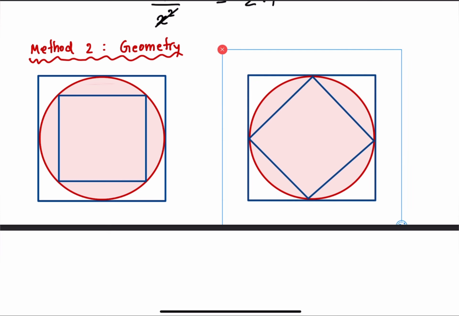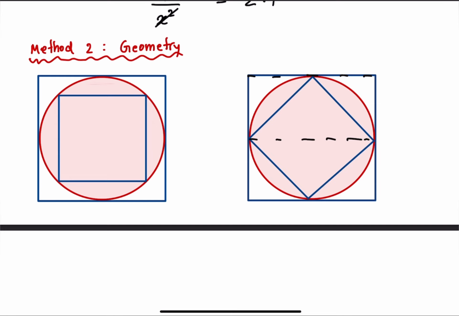Now looking at that figure, you can easily come up with a couple of things, like we did using algebra. You can see that over here the hypotenuse is the same as the side length of the larger square.